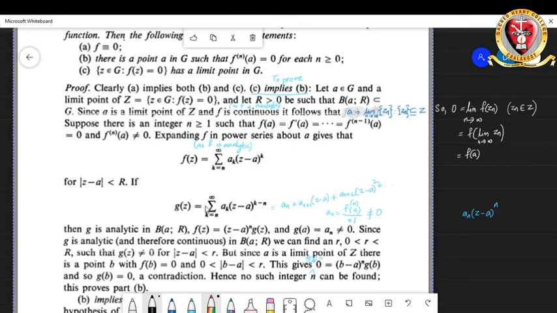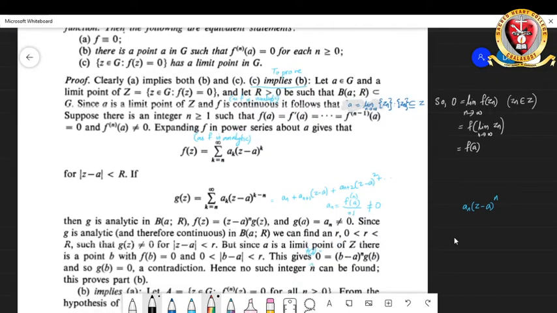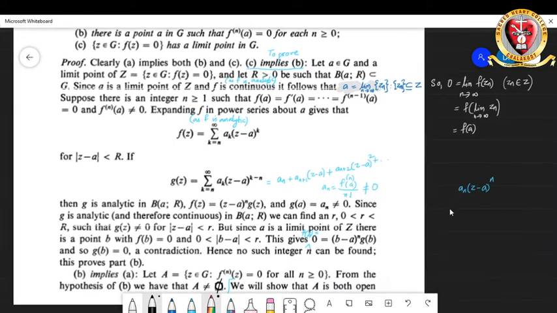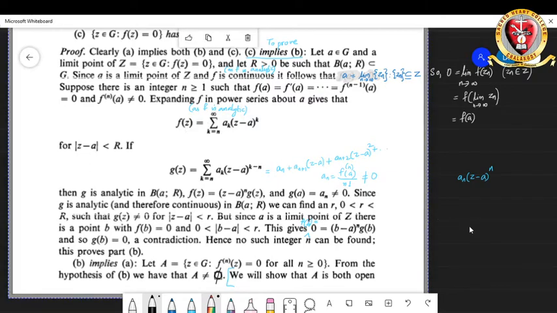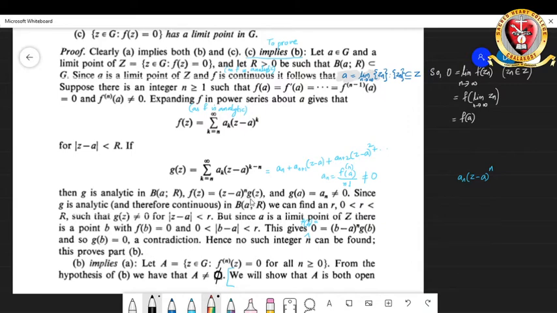By the definition of g of z, we know that g of z is analytic in the open disk B(a, r). And also by observation we can understand that f of z is equal to (z minus a) to the power n into g of z.